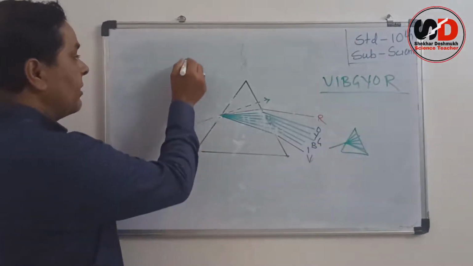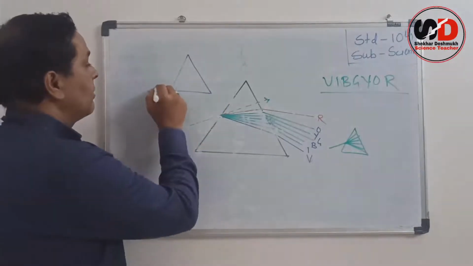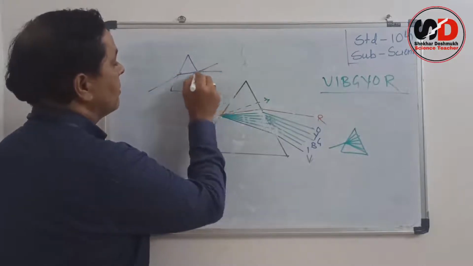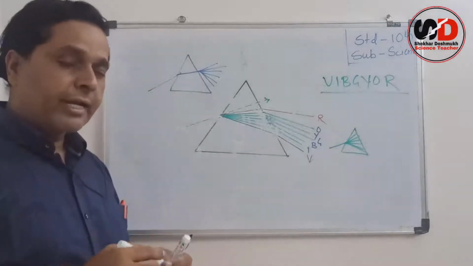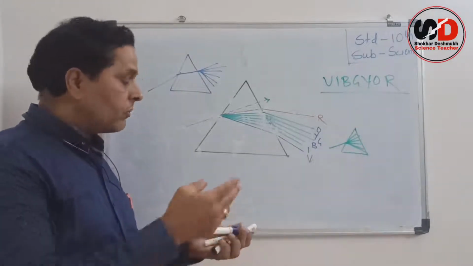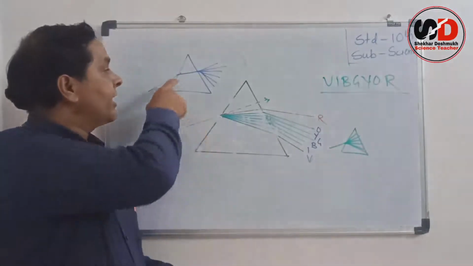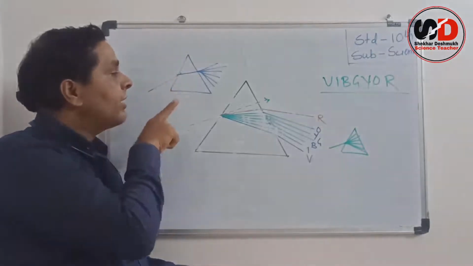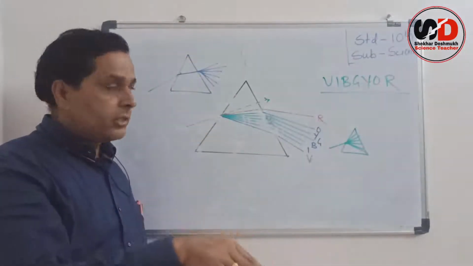The second mistake that we make, so many diagrams, many of you draw like this. So actually the splitting of light takes place from this place, and all the light rays travel below the incident direction.